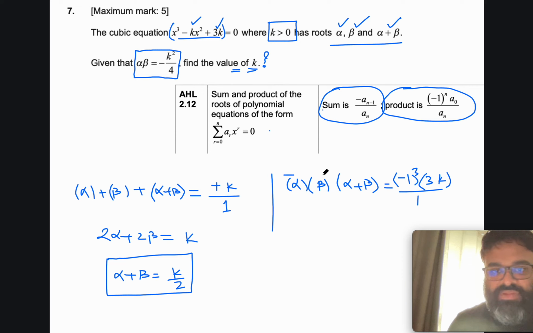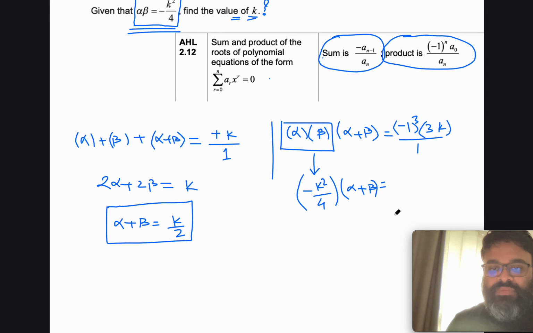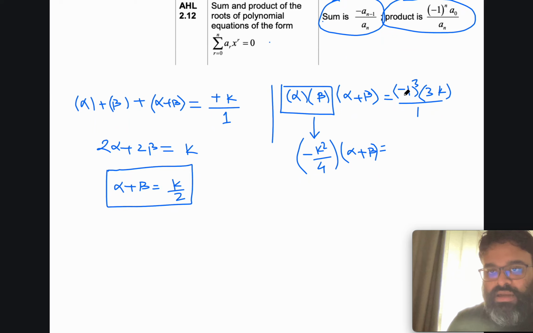And good, we have the value of alpha times beta, which is negative k square over 4, times alpha plus beta, equal to negative 3k, because minus 1 cubed is negative, and for alpha plus beta also we have a value as k by 2. Okay, let's plug that in.